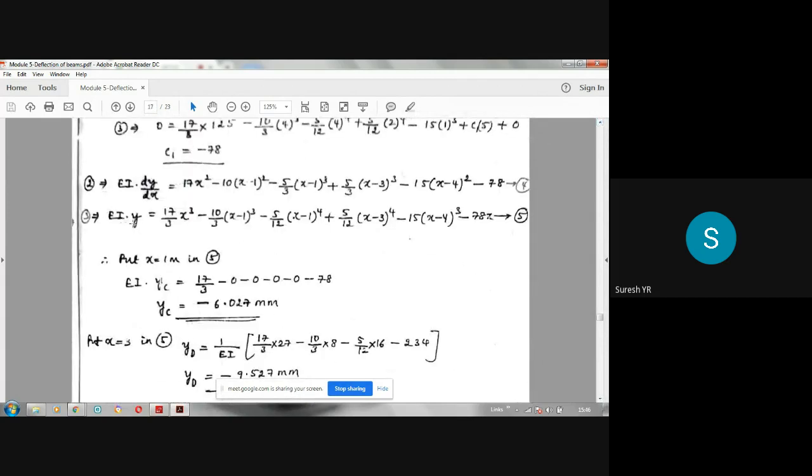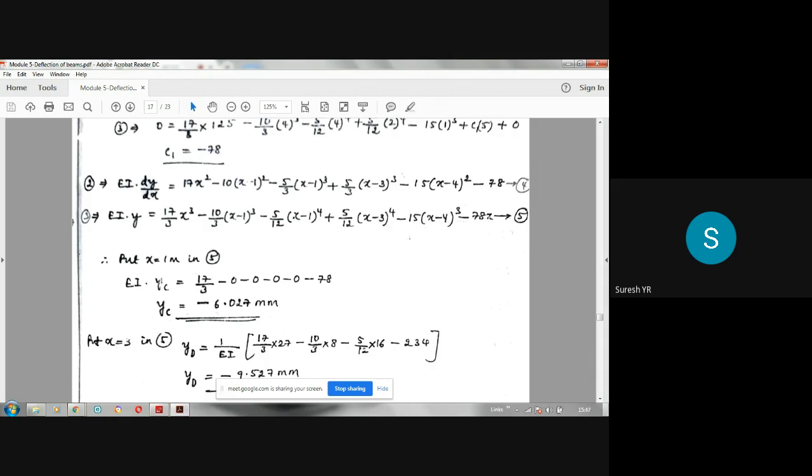So EI into YE is equal to 17/3 into 4 cube minus 10/3 into 4 minus 1, 3 cube, minus 5/12 into 4 minus 1, 3 power 4, plus 5 by 12 into 4 minus 3, 1 power 4, minus 15 into 4 minus 4, that becomes 0, minus 78 into 4.